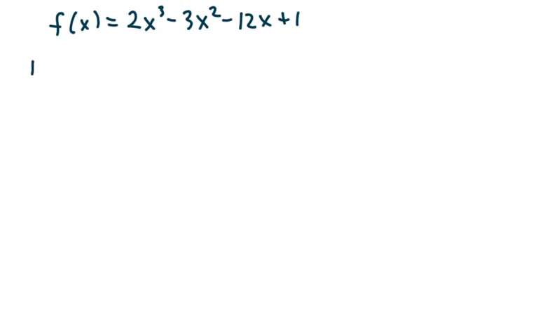And so let's remind ourselves. The function is 2x cubed minus 3x squared minus 12x plus 1. And let's check out what we're going to test. Now remember, we're going to test the endpoints, so we're going to test x equals negative 2, and we'll leave a little space, and we're going to test x equals 3.